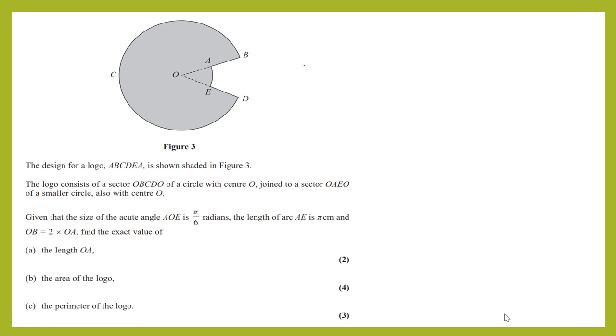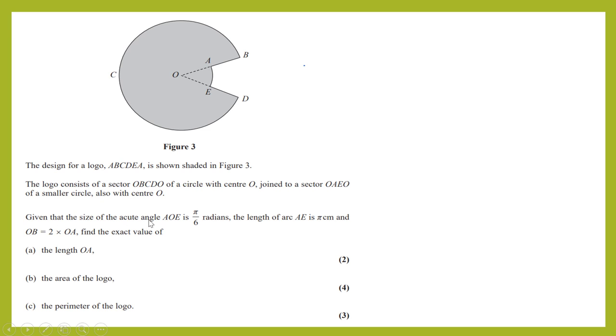Let's move to another question. The question says the design for a logo ABCDEA is shown in figure 3. As you see here, the logo consists of a sector which is OBCDO, and we have another sector OAEO, which is this small one.